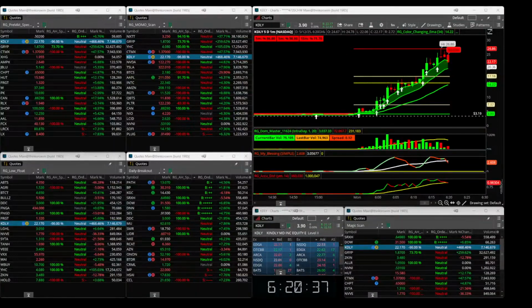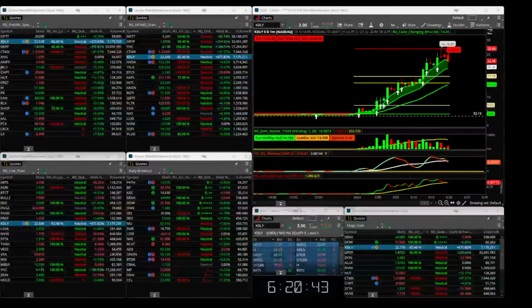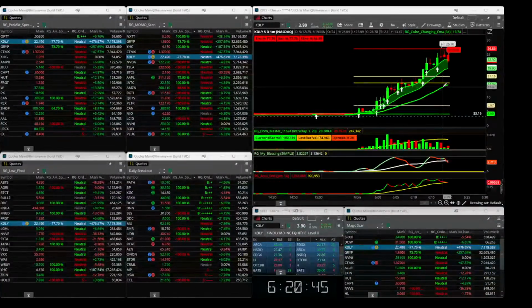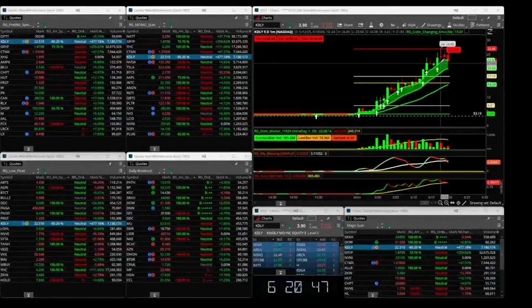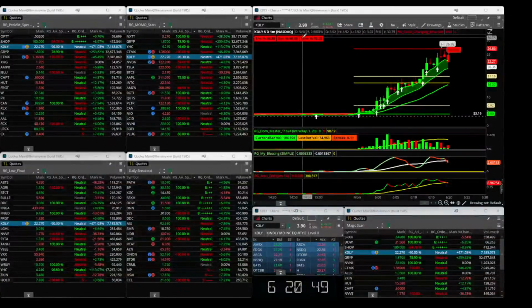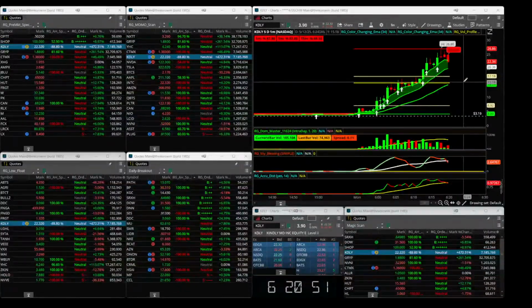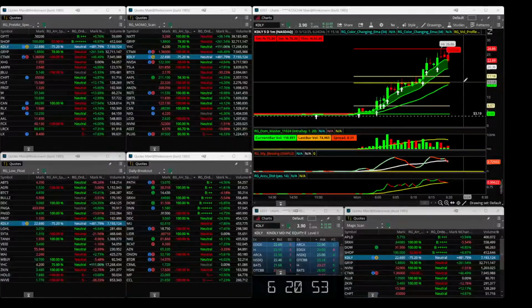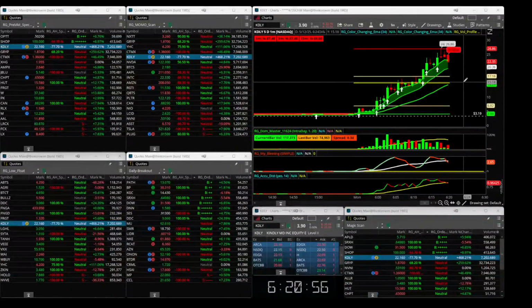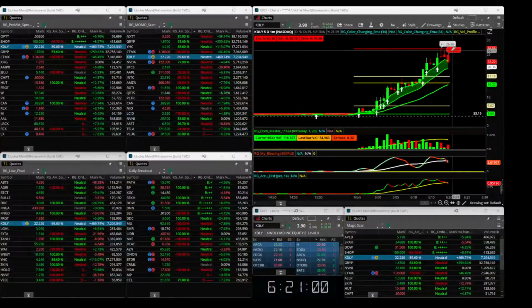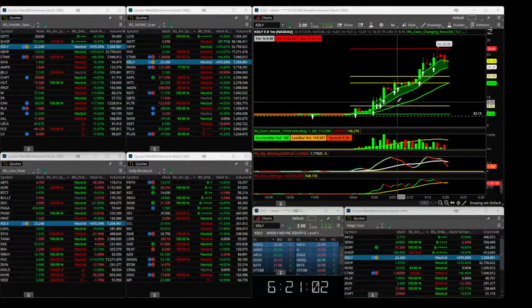If you're new here and you've never seen this kind of activity, we track buyers and sellers. I don't really track the news, I track the numbers. And that's obvious by these indicators and these percentages you see everywhere. I don't care what happens beyond percentages. If there happens to be news, then so be it. But I'm watching numbers, and that's why this popped up.